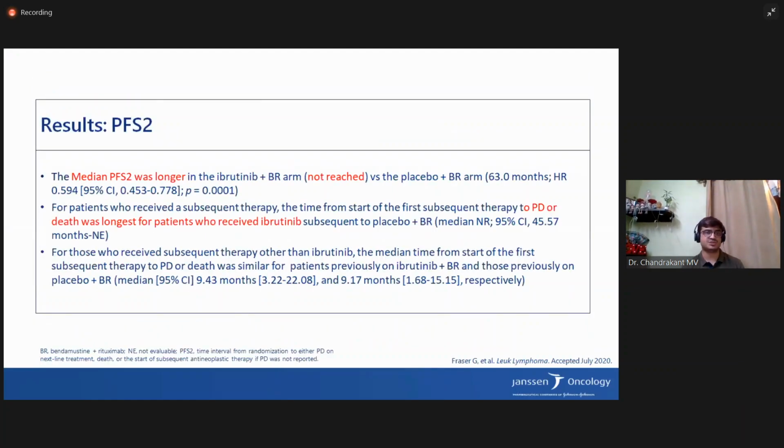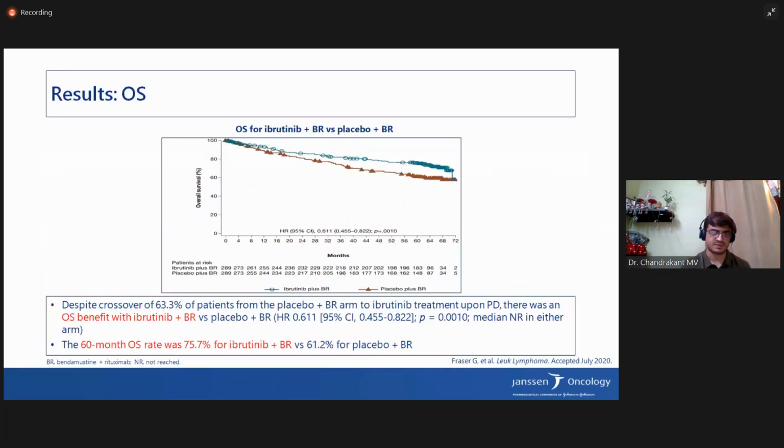The PFS2 was also longer in the ibrutinib plus B plus R arm. For patients who had received a subsequent therapy, the time from start of the subsequent therapy to progressive disease or death was also longer with the ibrutinib arm compared to the B plus R arm.